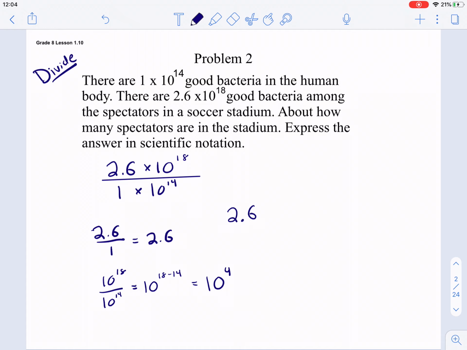So I have 2.6 times 10 to the 4th power. And then I check to make sure that my number is in scientific notation. And since 2.6 is between 1 and 10, my number is in scientific notation. So this would be my final answer.